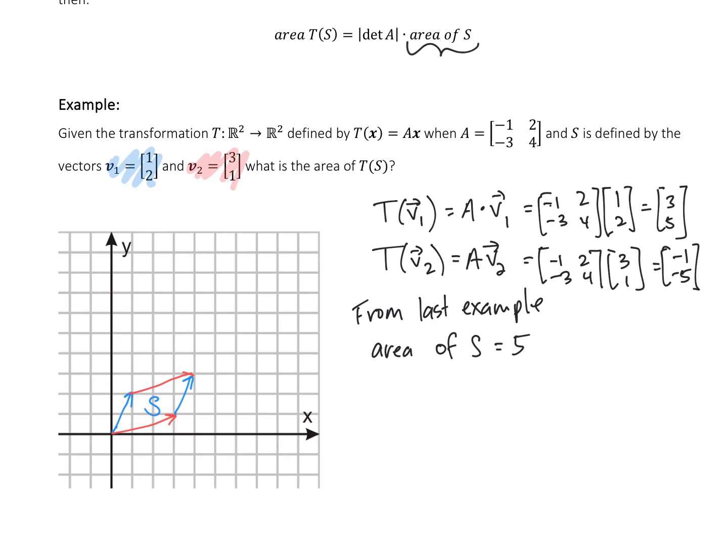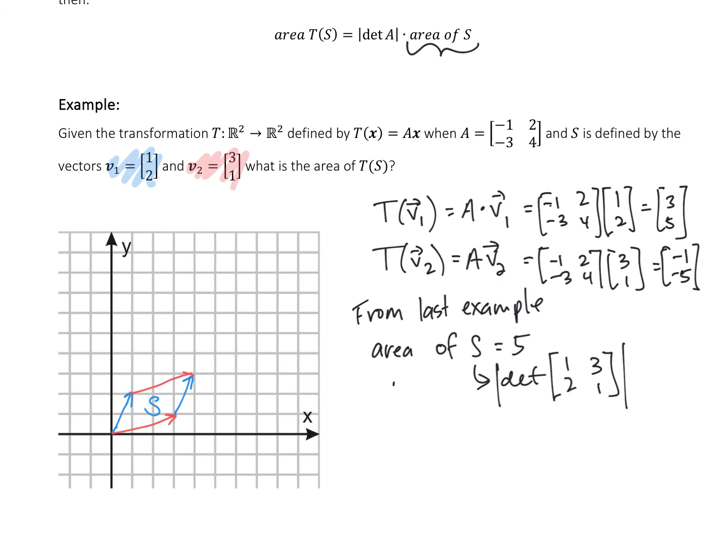We figured that out by finding the determinant of that matrix. If we didn't know that, we could find the determinant: the area of S is the absolute value of the determinant of the matrix 1, 2, 3, 1.